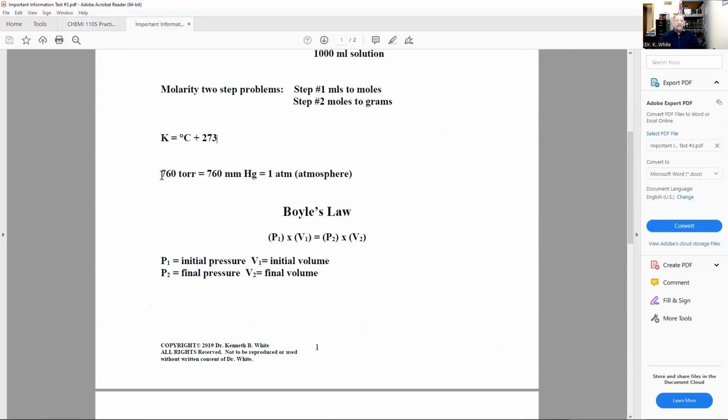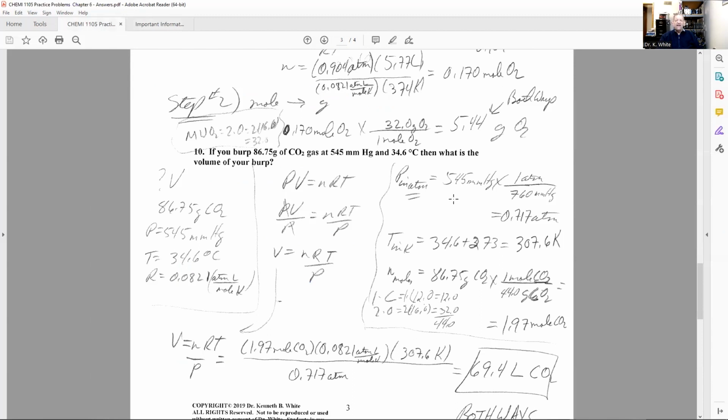If you go to important information, 760 millimeters of mercury equals 1 atmosphere. And now I know to put 1 atmosphere for 760 millimeters of mercury, as we did earlier this morning. These are exact numbers. This is the 3 significant figures. You get 3 significant figures.